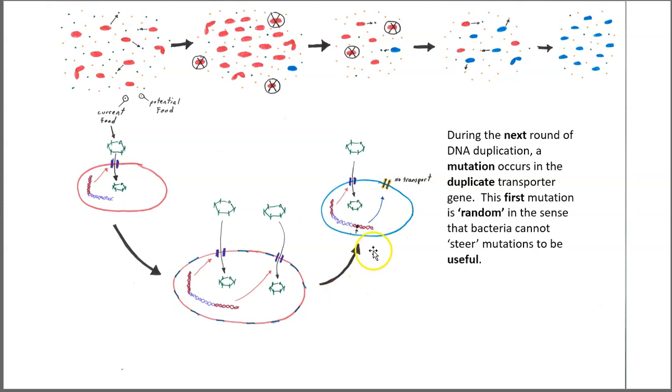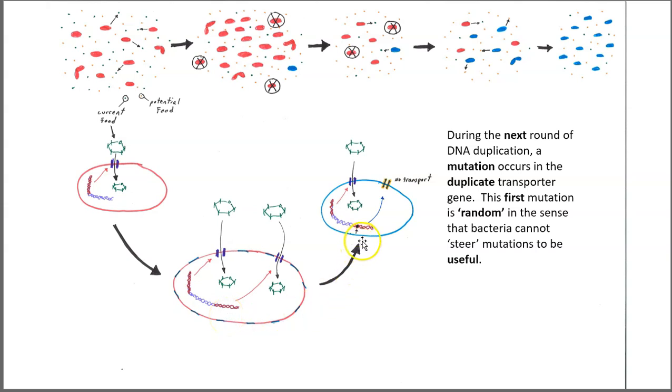During the next round of DNA duplication, a mutation occurs in the duplicate transporter gene. That's the little arrow right there. Now, this first mutation is random in the sense that the bacteria cannot steer mutations to be useful. So it's not like this parent was, while duplicating DNA, saying to itself, hey, let's throw some mutations in this particular gene at these locations, and let's try to make some new useful protein.